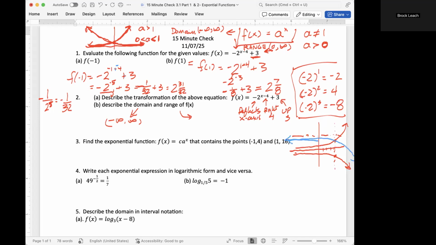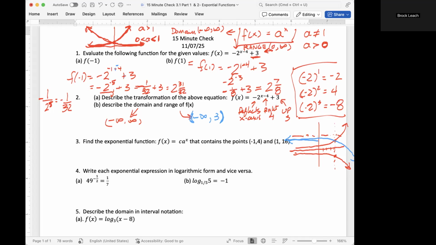So my range is actually, instead of going from 3 to infinity because it's below, it's going from -infinity all the way up to 3, not including 3, because of the reflection. So that was kind of a tricky one there. Excellent, excellent. Thank you, Elvis.